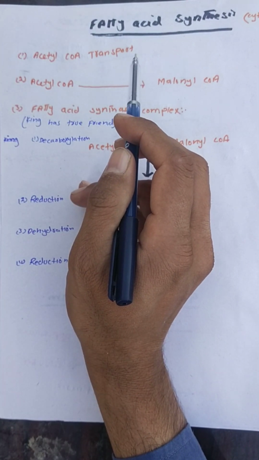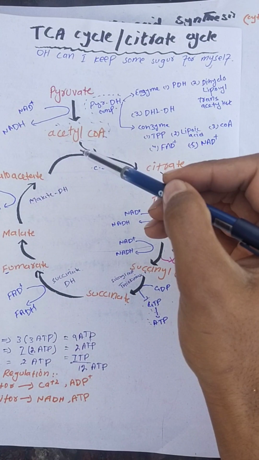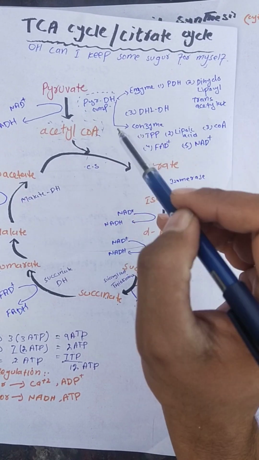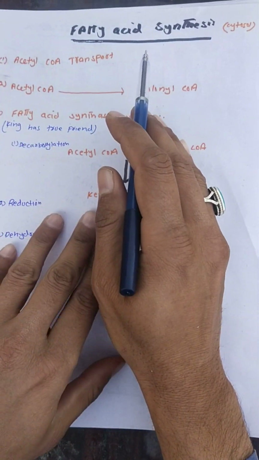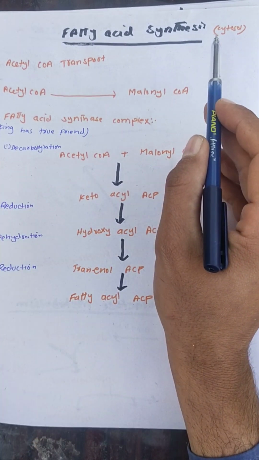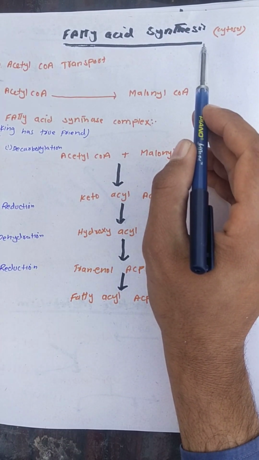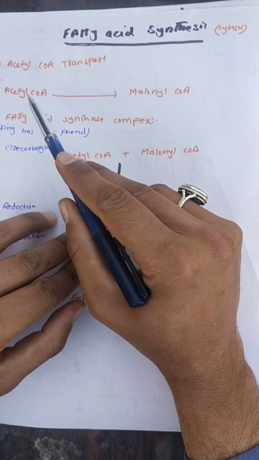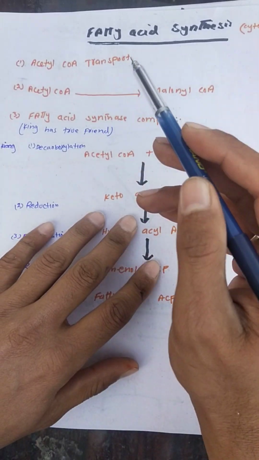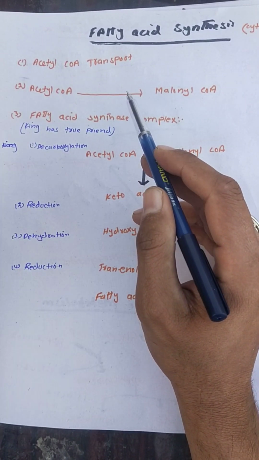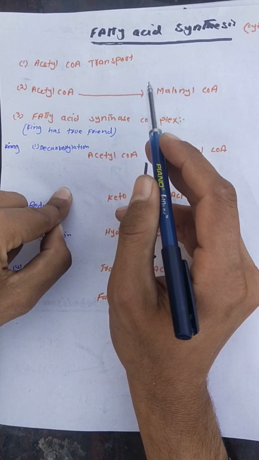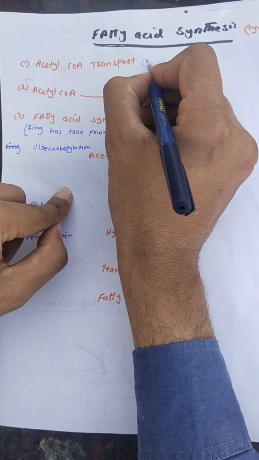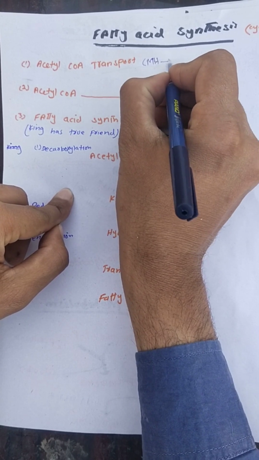The TCA cycle and pyruvate conversion to acetyl CoA occur in the mitochondria, but fatty acid synthesis occurs in the cytosol, because the enzymes for fatty acid synthesis are present in the cytosol. Acetyl CoA is the precursor for the fatty acid, so we should transport it from the mitochondria to the cytosol.